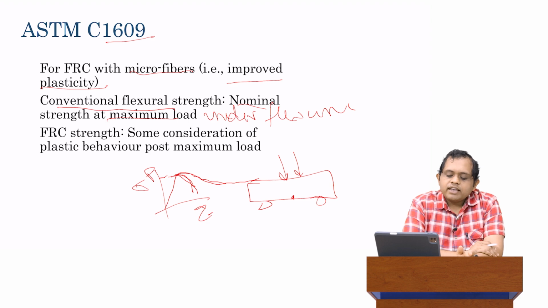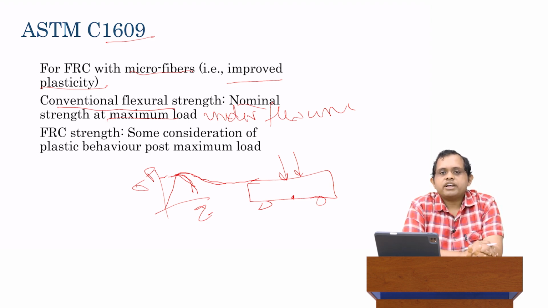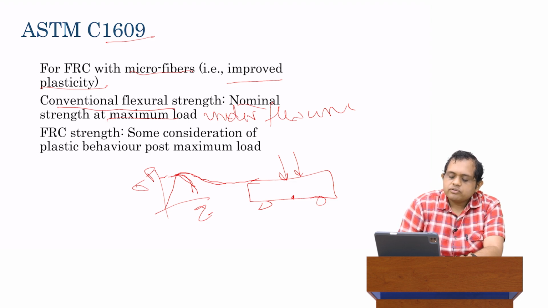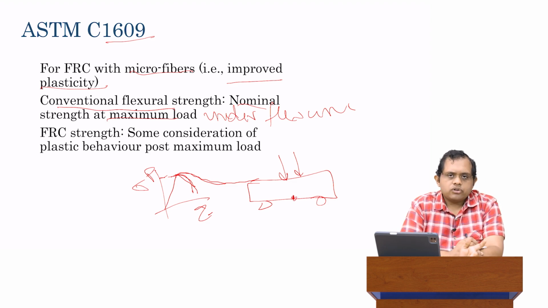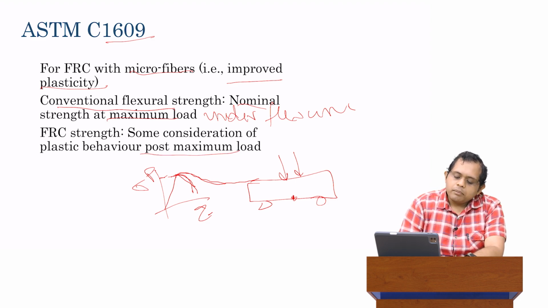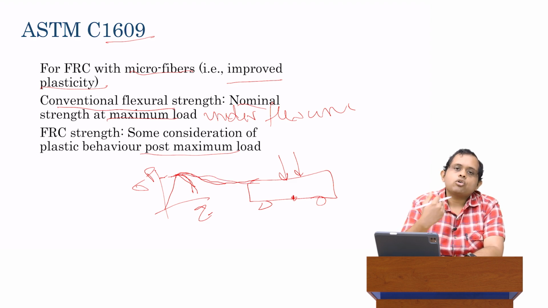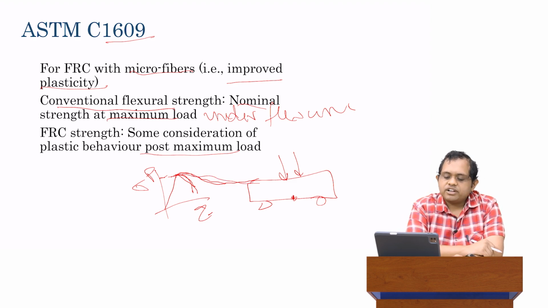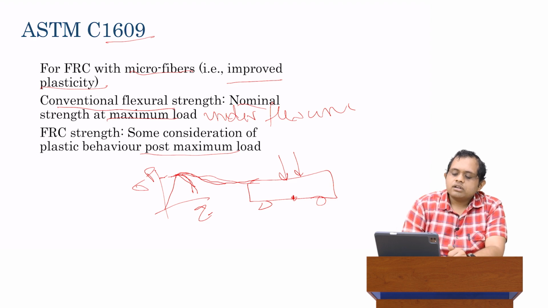So the philosophy of ASTM C1609 is, in addition to characterizing the strength of the concrete in terms of the formation of the crack, or what is called crack initiation, instead of limiting the strength definition to just crack initiation, some consideration is also provided for plastic behavior after the maximum load. We have to somehow take this post-peak behavior into account while characterizing strength. And C1609 then tells us how to do that.